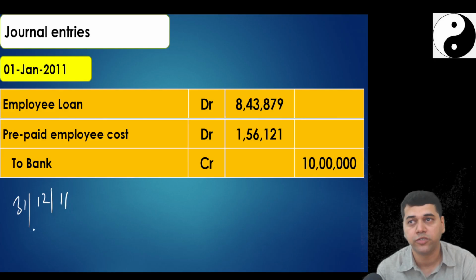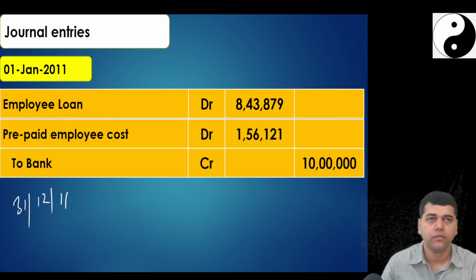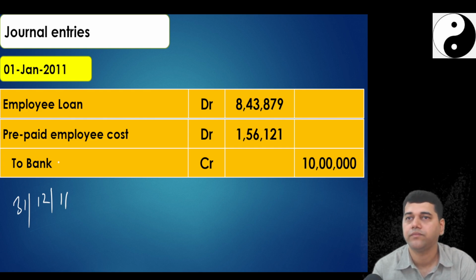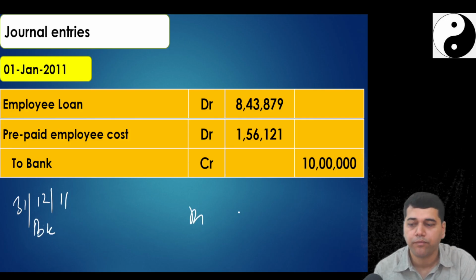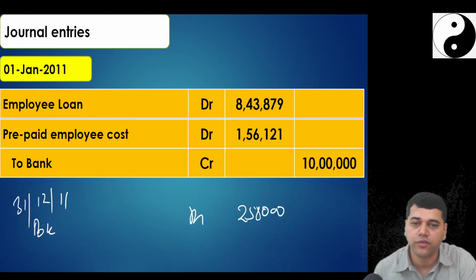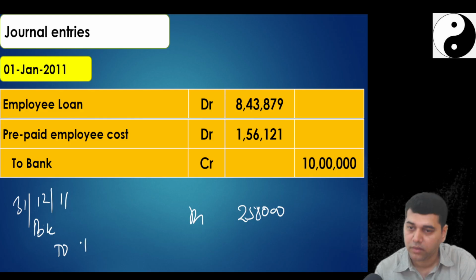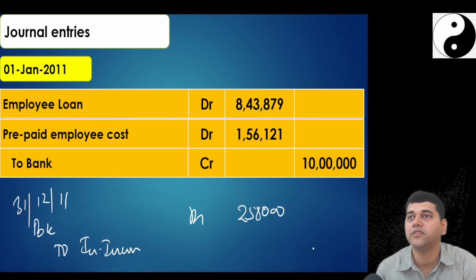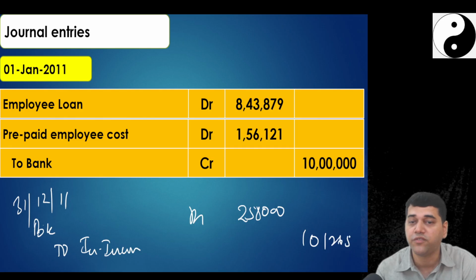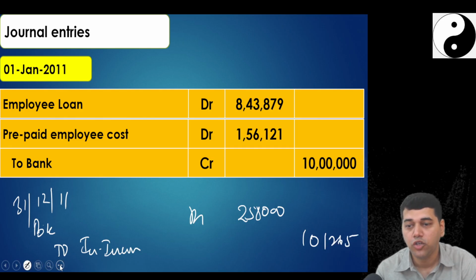Look at your amortization schedule. Bank account debit, how much? 2,58,000. Is interest income or expense? Interest income, how much, Dhanashri? 1,01,265, the first year interest.